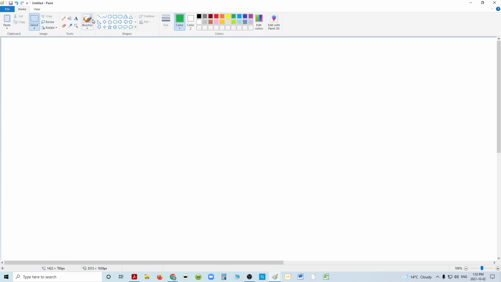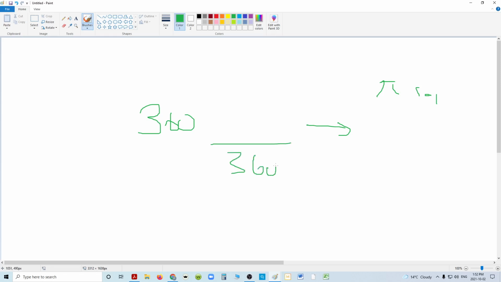So essentially, whenever you have 360 and you want to convert to radians, you're going to divide it by 360 and multiply it by 2 pi. And the short form of that is, obviously, pi over 180. So if you want to convert to radians, you multiply by pi and divide by 180.